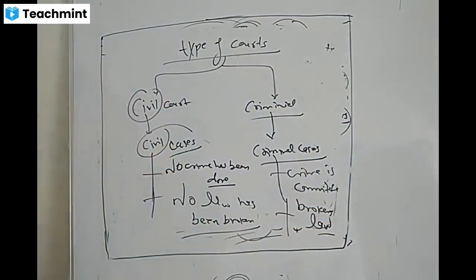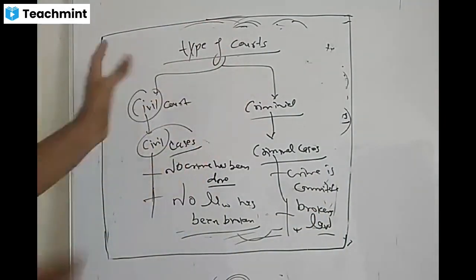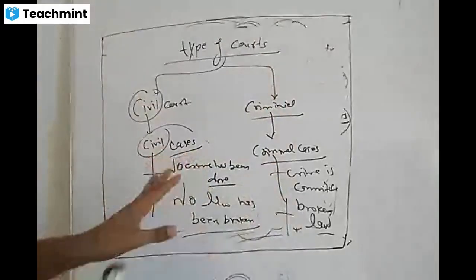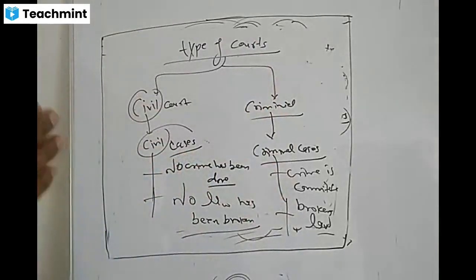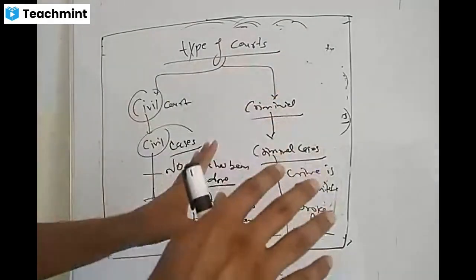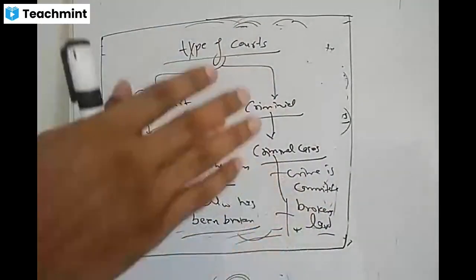So this is the difference between the types of court, civil court and criminal court. Civil court deals with the civil cases and criminal court deals with the criminal cases. In civil cases, there is no crime and no law broken. But in case of criminal cases, you have committed a crime offense and the law is broken.